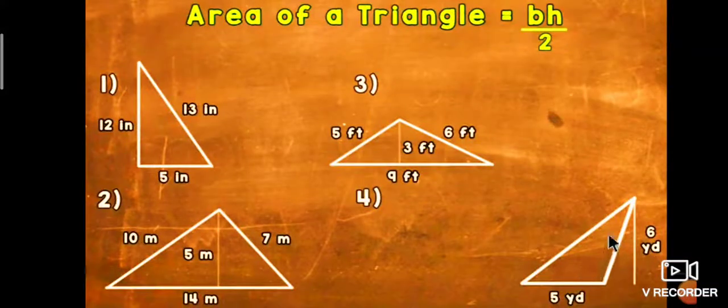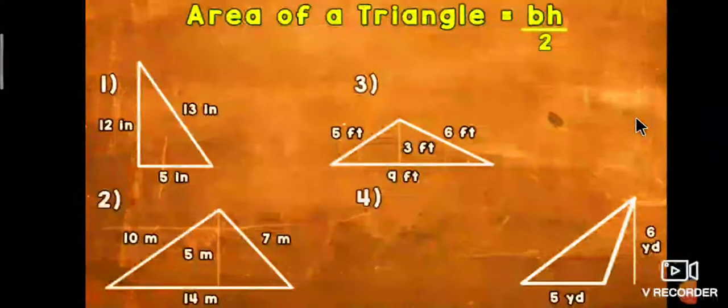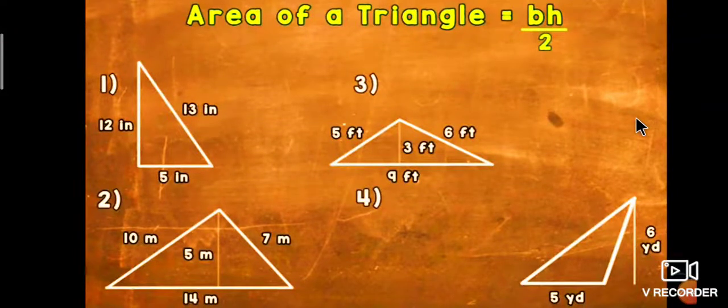Fourth one is the height is 6 yard, the base is 5 yard. Using the formula half into base into height, or base into height divided by 2, we find the area of these four triangles.